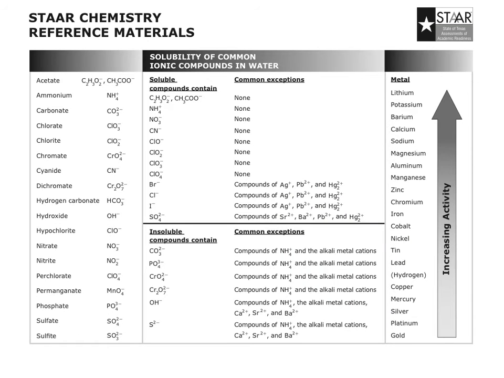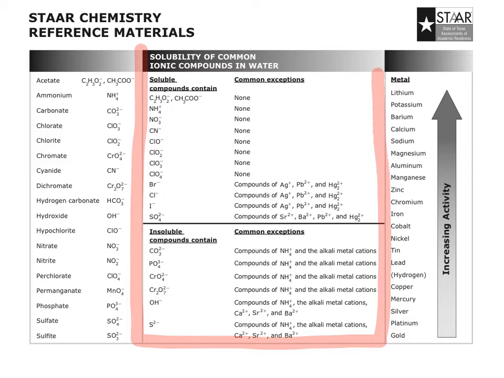What portion I'm talking about? Here we go. So in your reference material, your periodic tables, we're really going to be looking at, and I'll highlight that for you, this entire section here in the middle. Okay, so we're going to be looking at solubility of common ionic compounds in water.